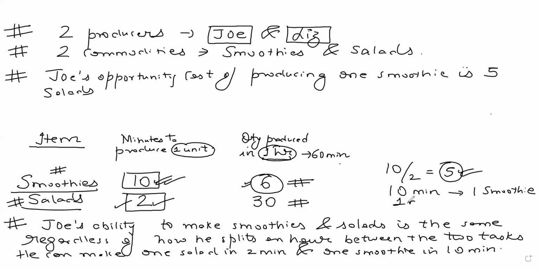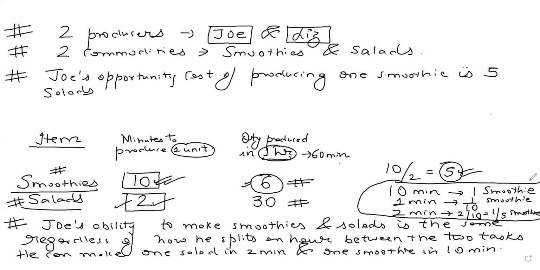That means in 1 minute, he can make 1/10 of a smoothie. So in 2 minutes, how many smoothies can Joe make? 2 by 10, which is 1/5 smoothie. We are just using the unitary method we use in math. In 10 minutes, Joe makes one smoothie. In 1 minute, he can make 1/10 of a smoothie. In 2 minutes, he can make 1/5 of a smoothie.